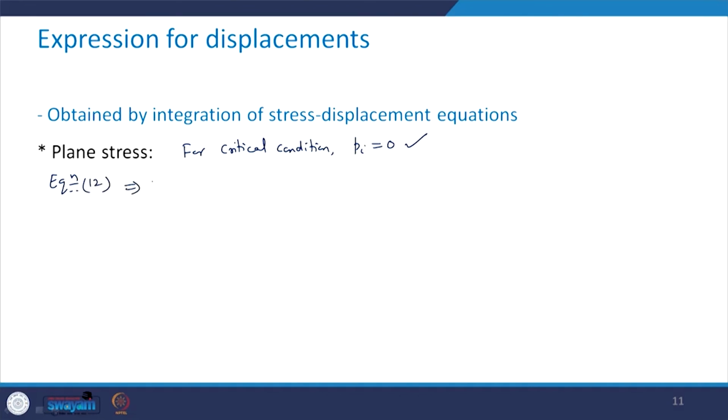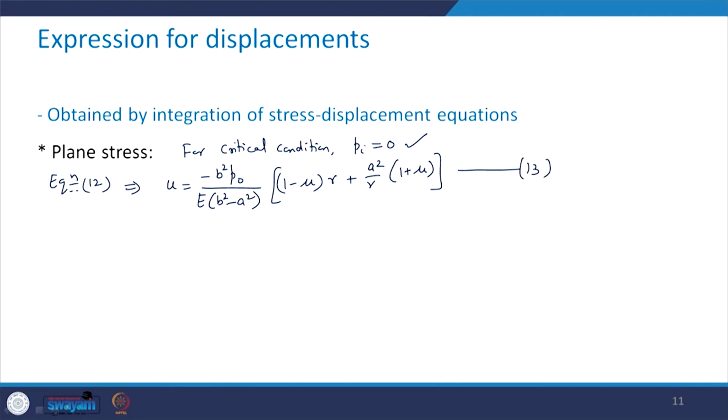What we will get is a nice and simple expression which is minus b square p naught divided by E times (b square minus a square) [(1 minus mu) into r plus a square upon r (1 plus mu)]. This will be equation number 13.